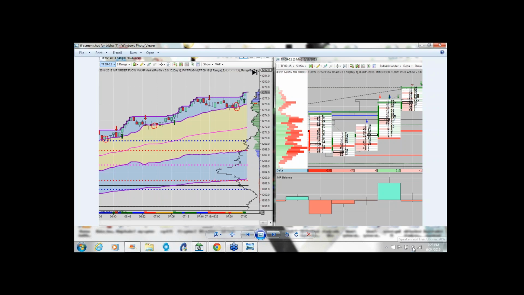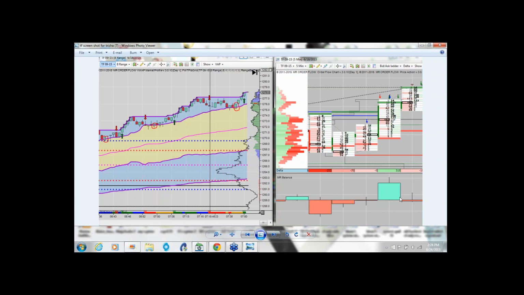So the ones that I'm the most comfortable, most familiar with are CL and the 6E. Excellent, excellent. Well, I do like the Russell personally better than the NQ. So yeah, it's just a matter of everybody trading what they like and what kind of risk tolerance they can stand. So that's great.